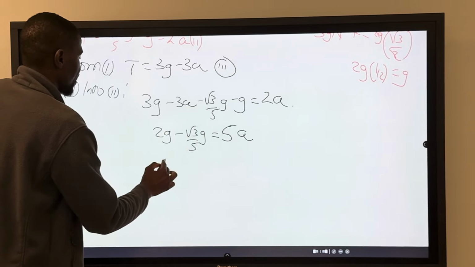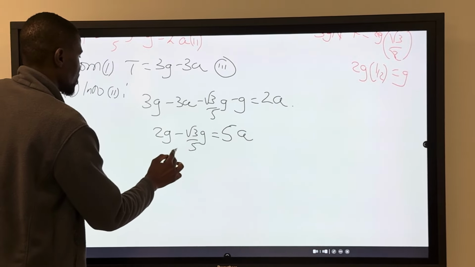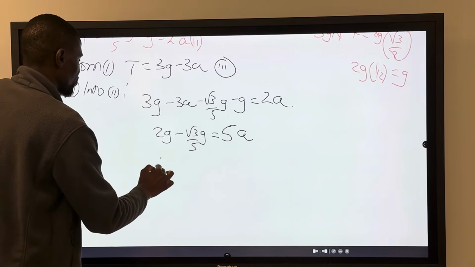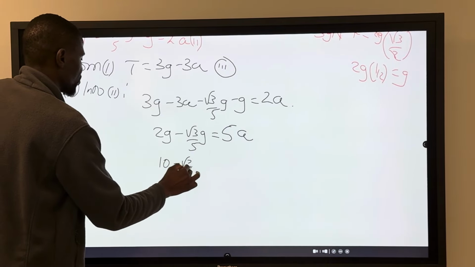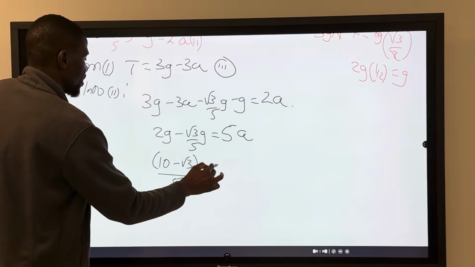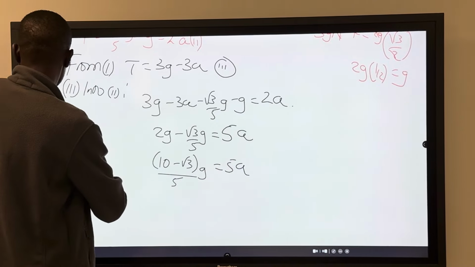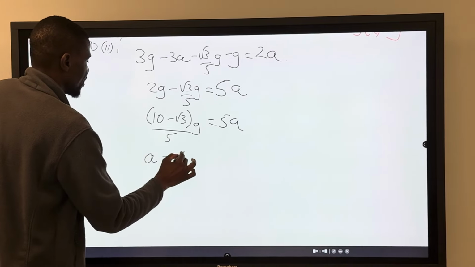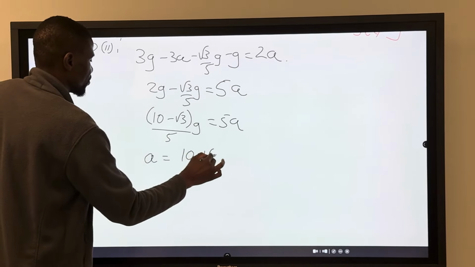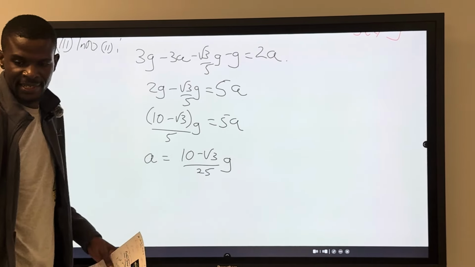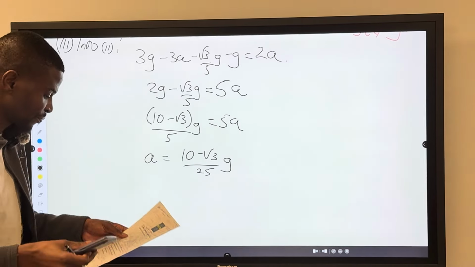This and that, I think it's going to be, okay, 5 times 2, so it's going to be 10 minus root 3, right, over 5G equal to 5A, which is equal to, so A is equal to 10 minus root 3 over 25G, right? I need the calculator here.